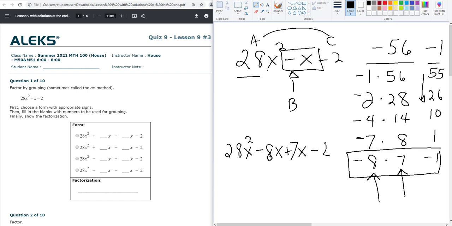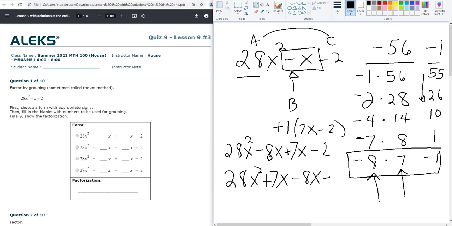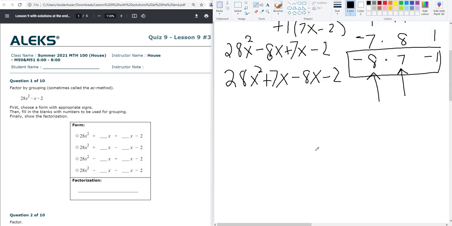Now, I'm not crazy about this because here I would have to factor out a 1, because 7 and 2 don't have anything in common. And that's fine, you can do that. But the other option is you can switch these middle terms around and put the plus 7x here and the minus 8x here, and now you'll see that 8 and 2 do have something in common. Either one of these will work, and we'll do it both ways just to see.